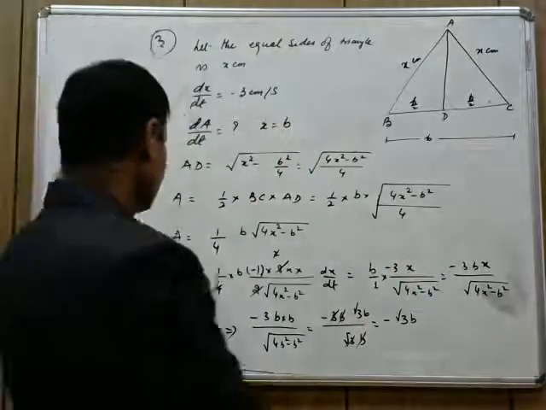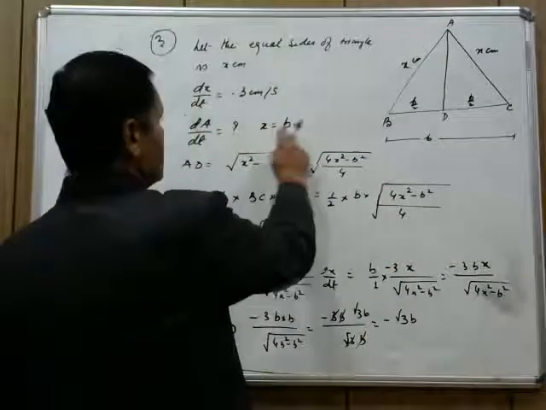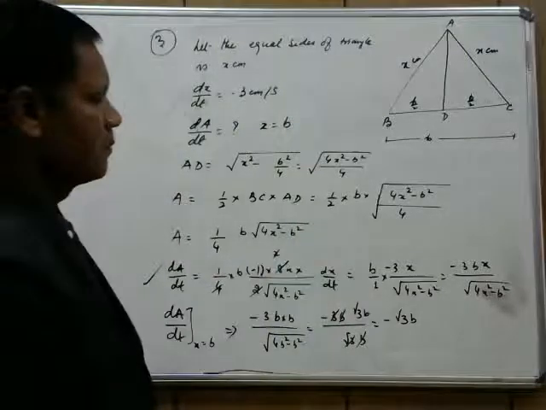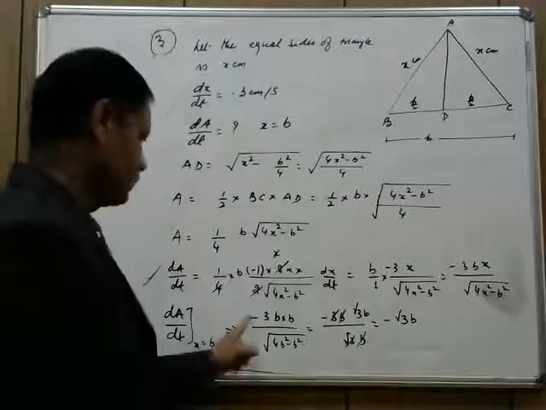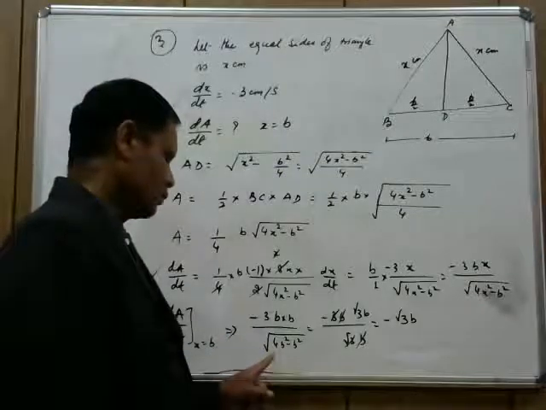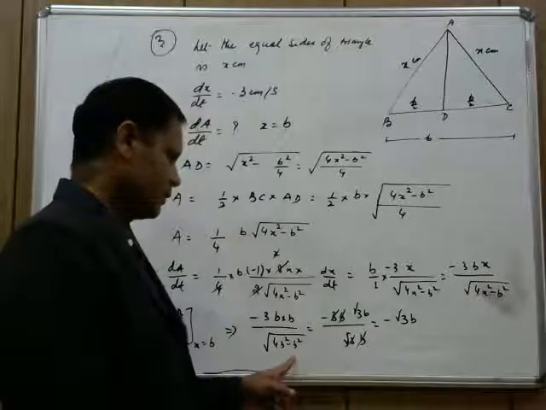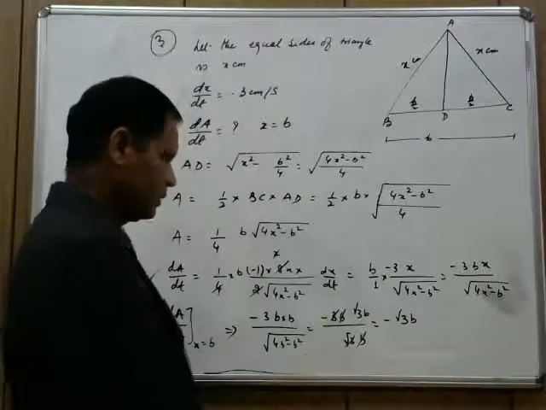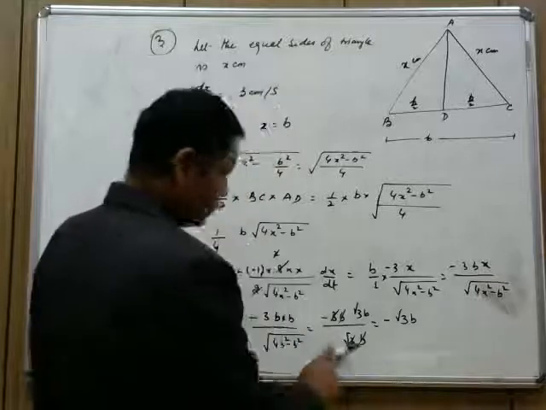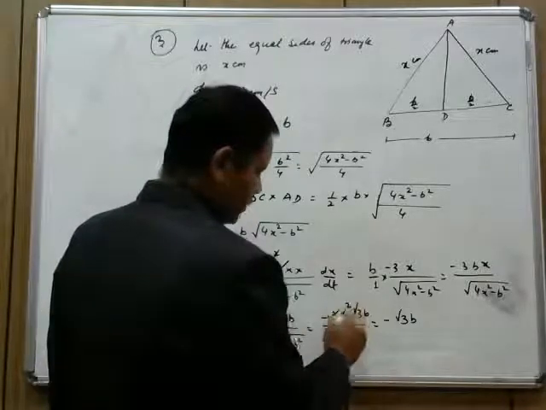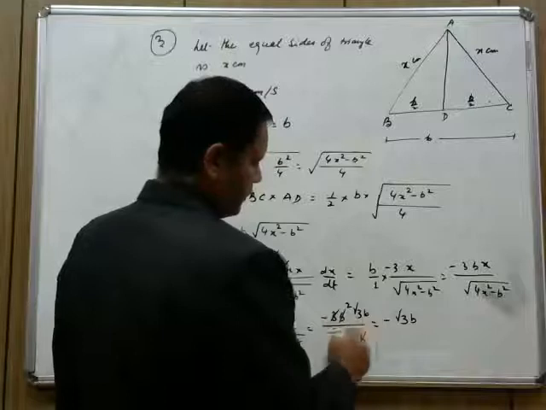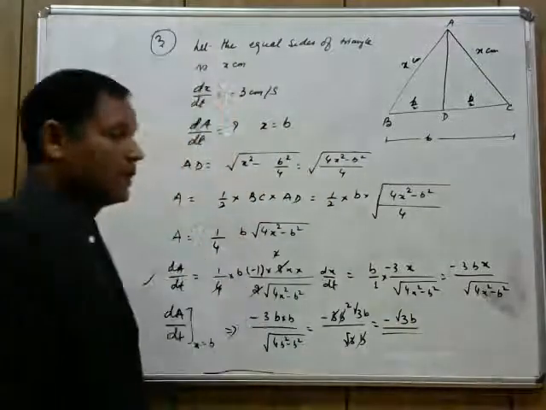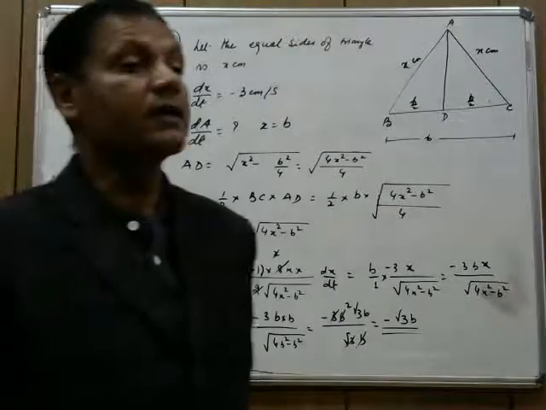Now I have to find out dA by dt when x is equal to b. Wherever x we have, replace it by b. So now 3b square upon under root 4b square minus b square. That will give you 3b square upon under root 3b square. So now one b is left, that will be under root 3b I am left out with. Here I got minus root 3b. The question was, how fast is the area decreasing?